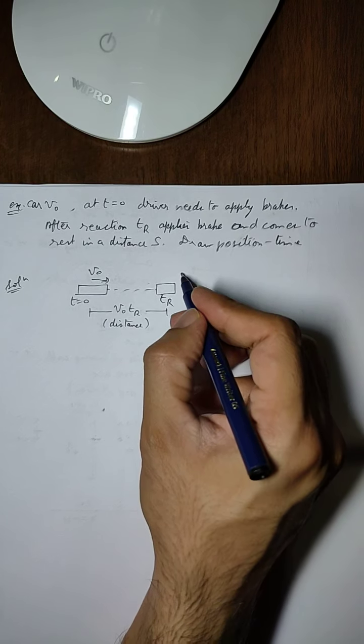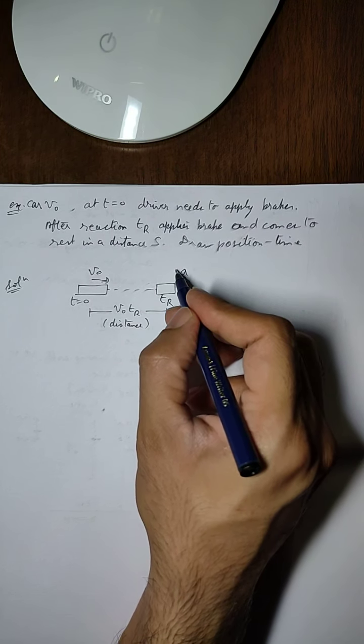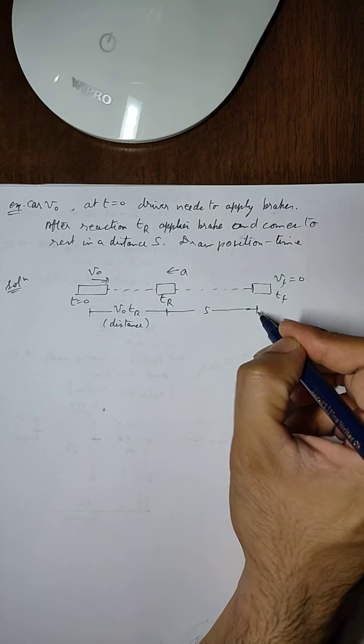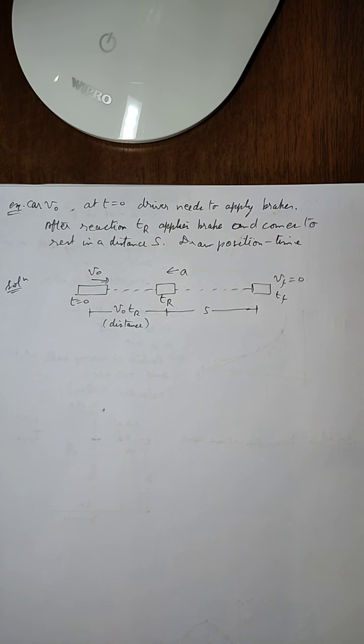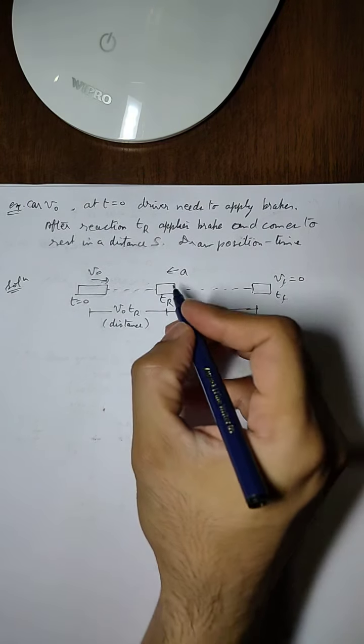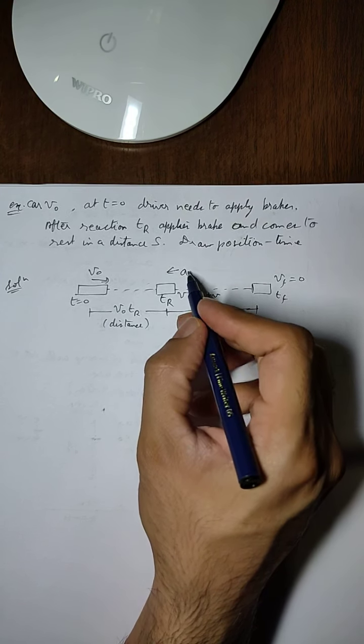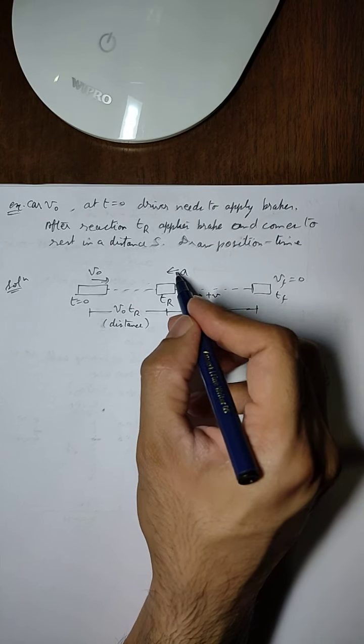Now at this point he applied brakes, so the negative acceleration is in this direction, and then the body travels a distance s and finally comes to stop with final velocity 0, and let us say this happens at the final time tf, and in this time the car traveled in s direction. The velocity is still in positive direction, and acceleration, since we applied brakes, is in negative direction.